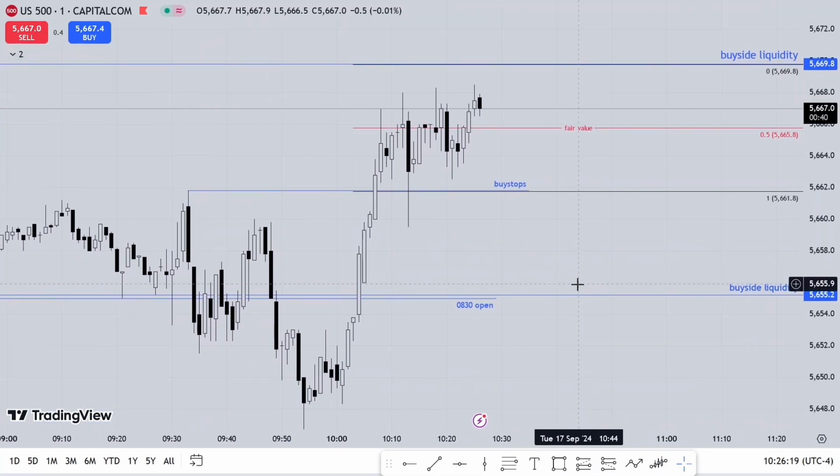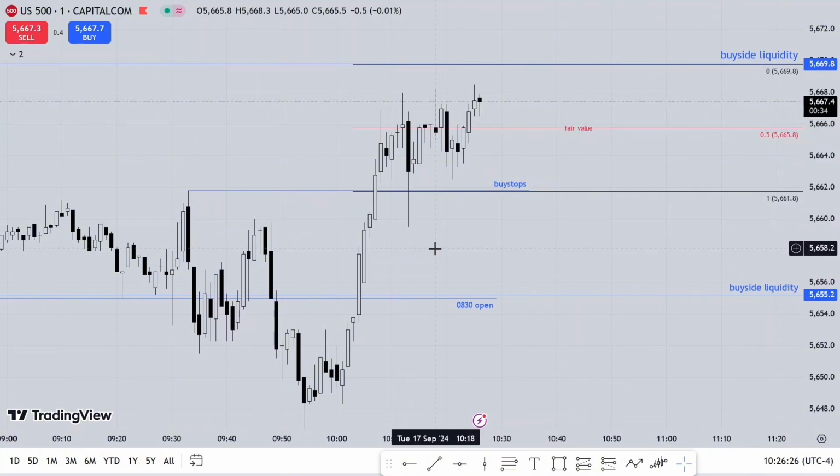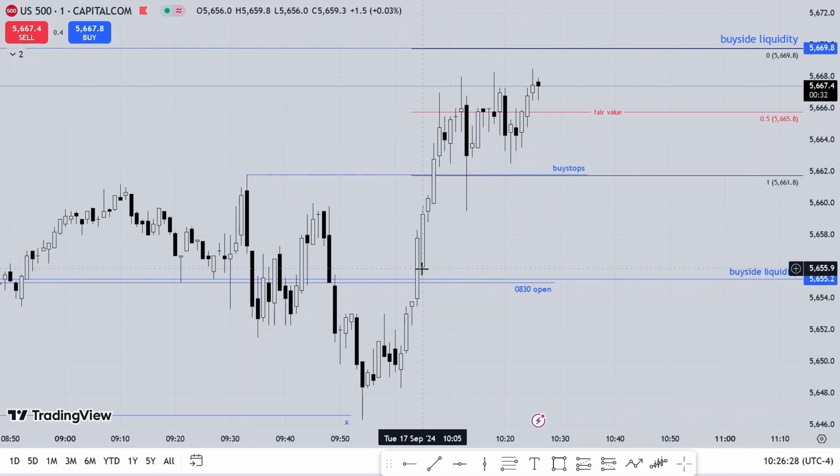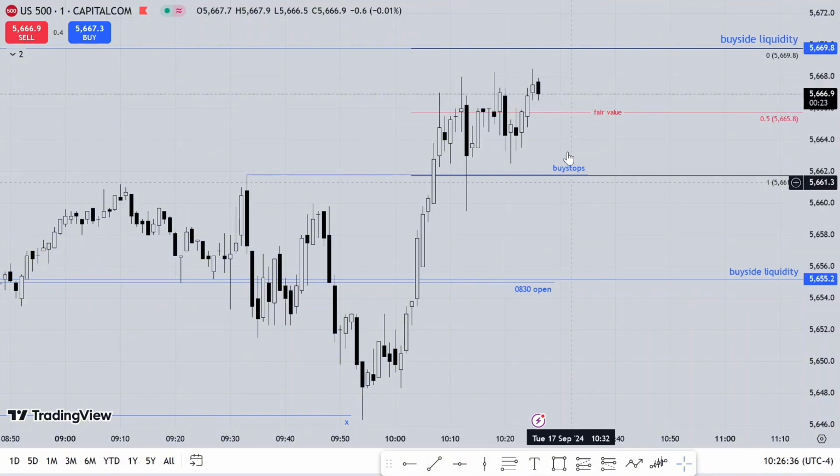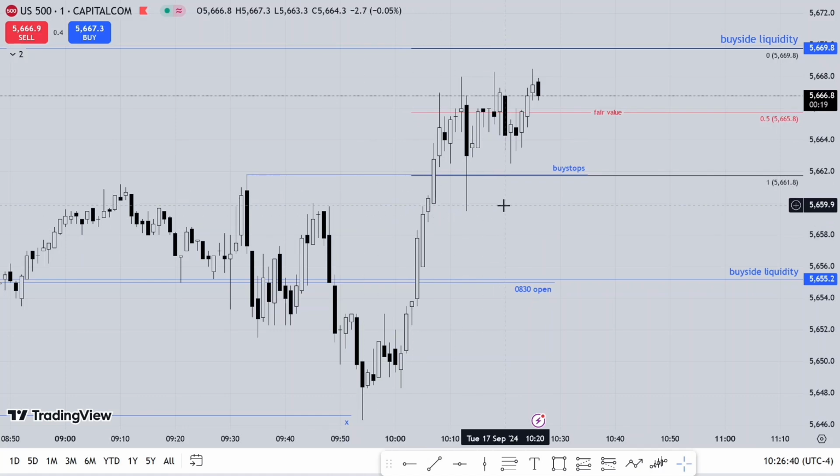We're not interested in buying anything above fair value here. If we are to enter a trade, price should have come for this imbalance here, and then we'll move higher. We are not entering in an impulsive manner or away from the laid out model for this current account. Let's put it that way.